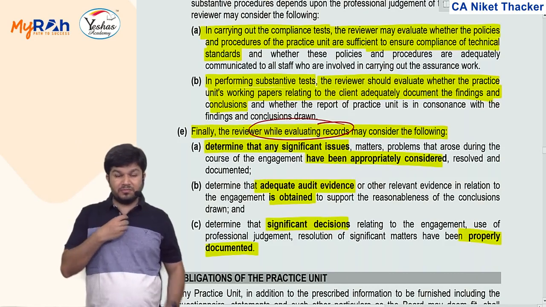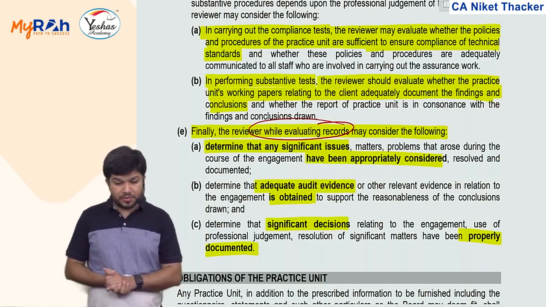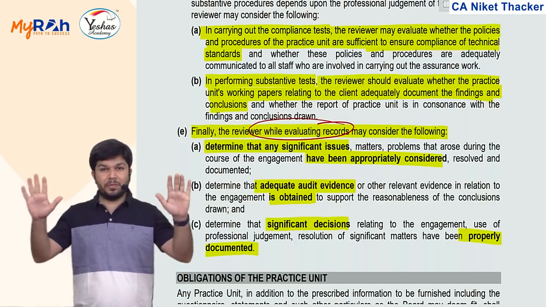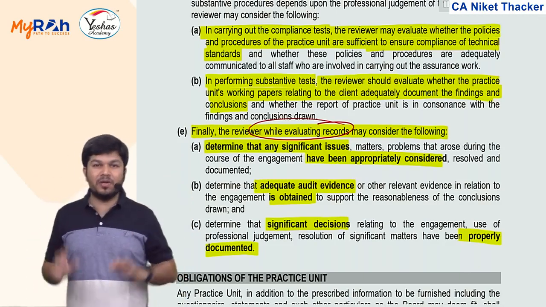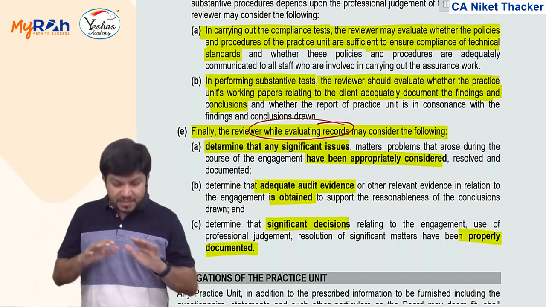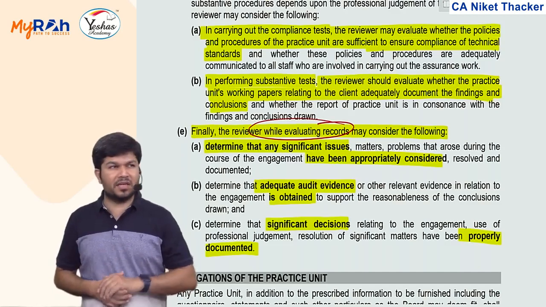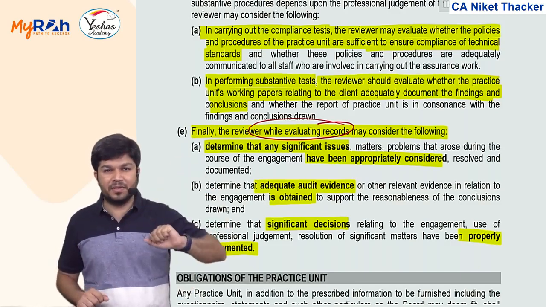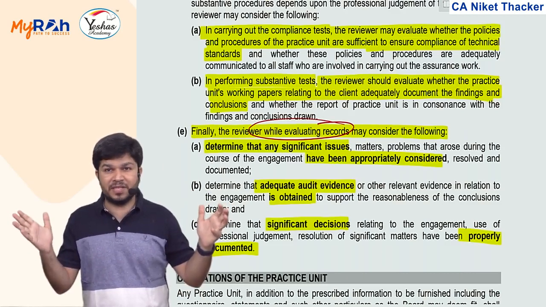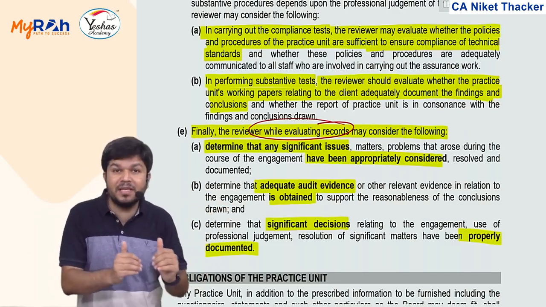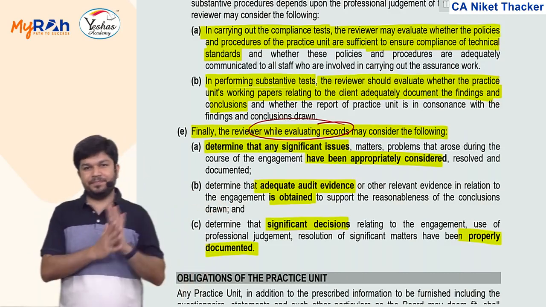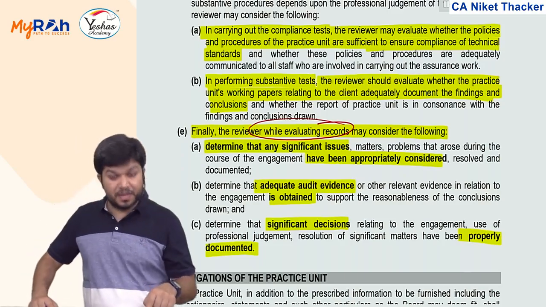So while evaluating their records, we'll also see significant issues are properly dealt with, adequate audit evidences are obtained, and any significant decisions like materiality level or any professional judgment, they have been properly documented. This is basically the approach.